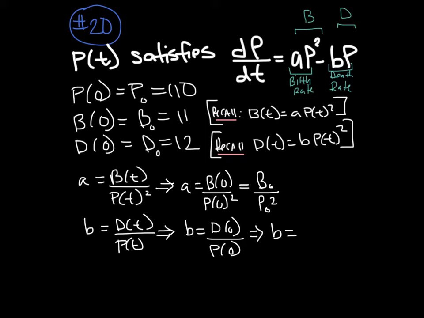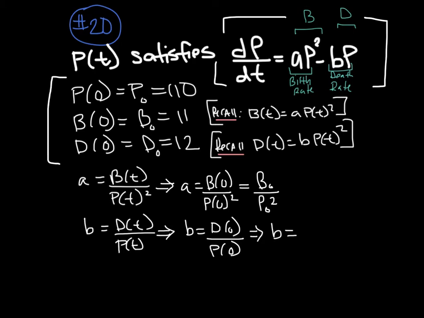But okay, so P of t satisfies this differential equation here, right? Remember this from number 18, where B and D were our birth rate and death rate. We also have a ton of initial conditions.